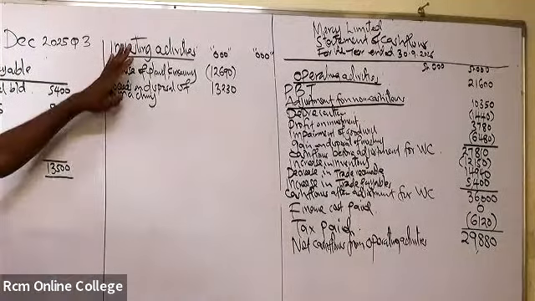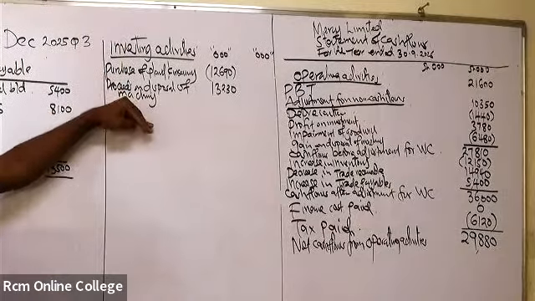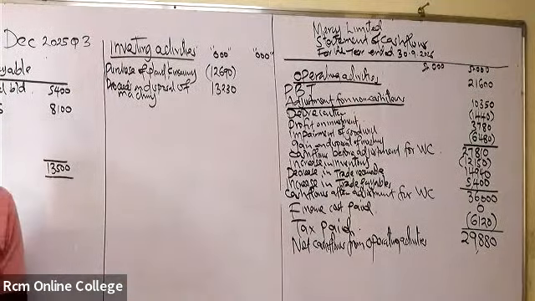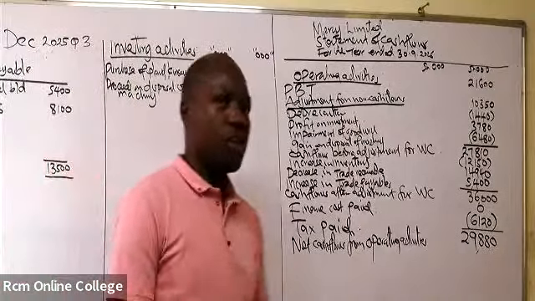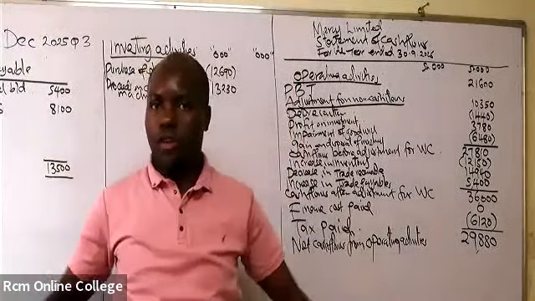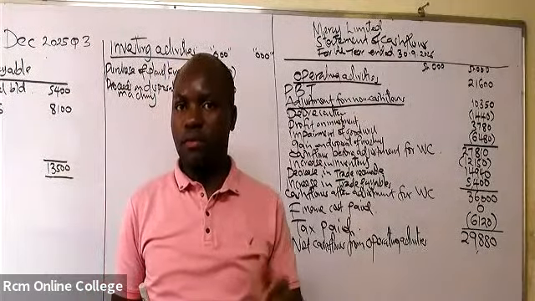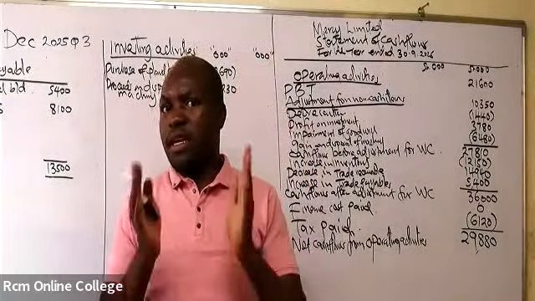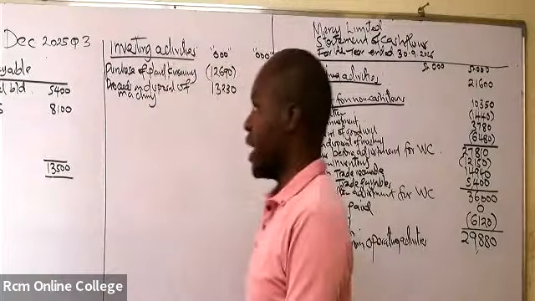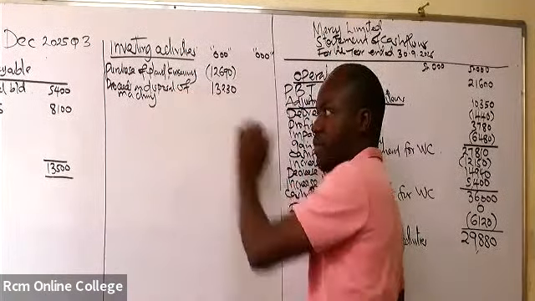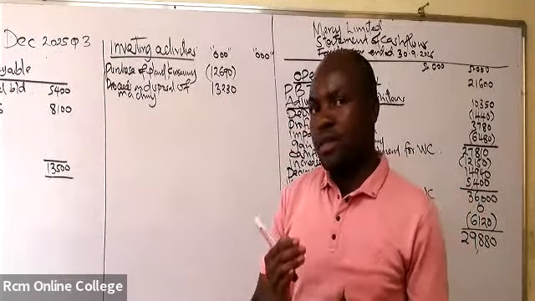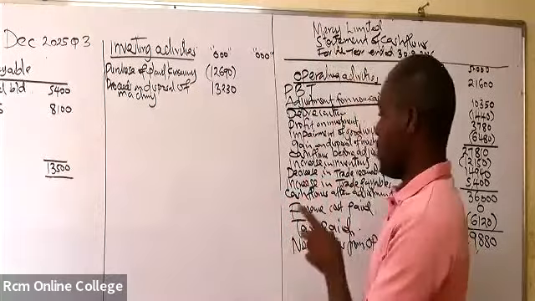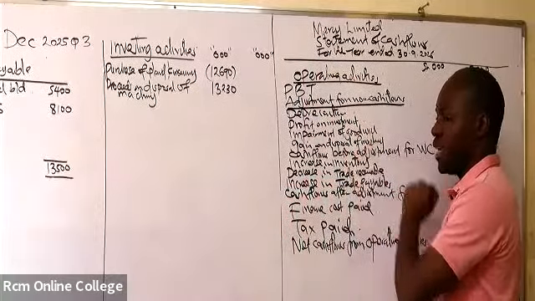29,880. Good. So we need to do so many adjustments with regards to the investing activities, then of course financing activities. What you need to understand, as you've seen, is very interesting. Look at the statement of financial position, the one that we have been given. We have started with the non-current assets. Most of the things dealing with the non-current assets will be recorded under investing activities. Current assets and current liabilities, you've seen where we are talking about them under the working capital items.